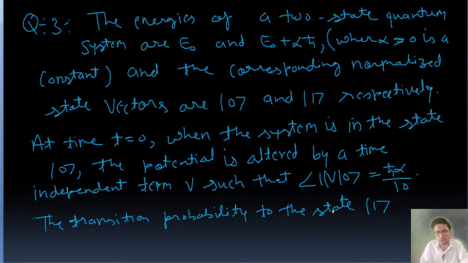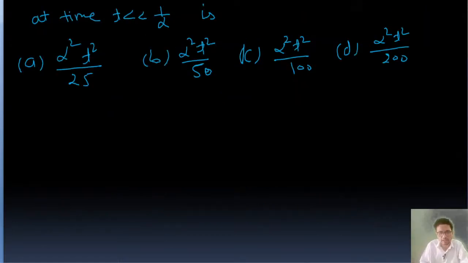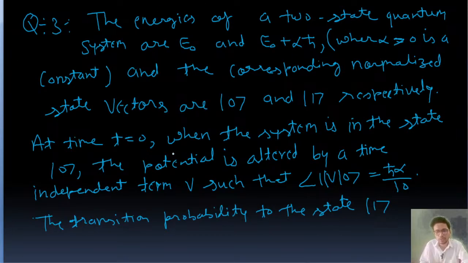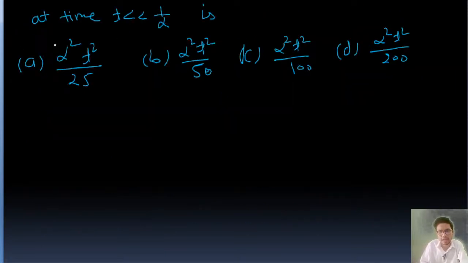The transition probability to state 1 is what we need to find out, at time t less than or equal to 1 upon alpha.